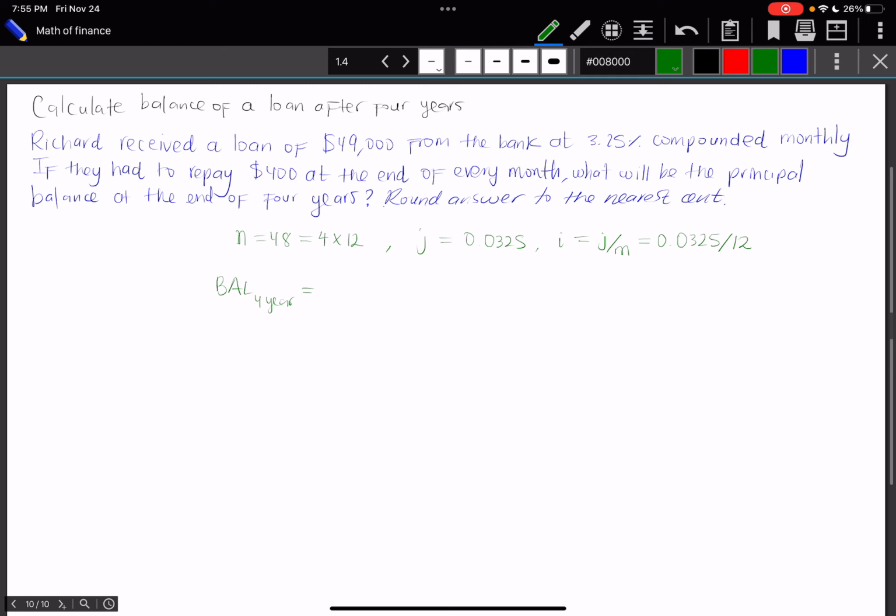We deduct the future value of all payments that have been made until the focal date from the future value of the original loan amount on the focal date. So we take the future value of the original loan after the 4 years and subtract the future value of the payments made until the focal date.